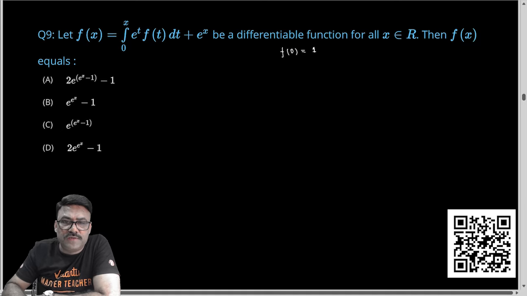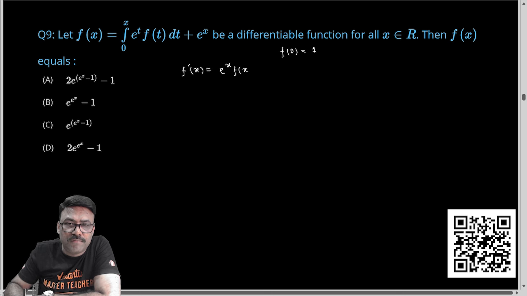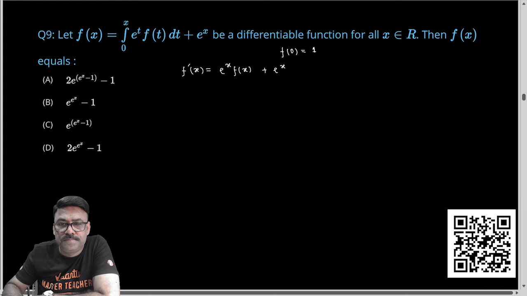If I differentiate it, f dash x, using Leibniz rule on the left side, will be e raised to x f(x) plus the derivative of e raised to x, which is e raised to x. Now it is a differential equation.